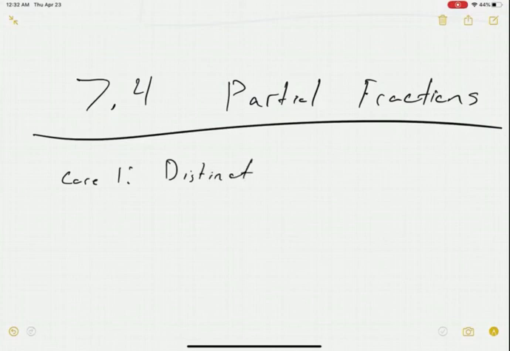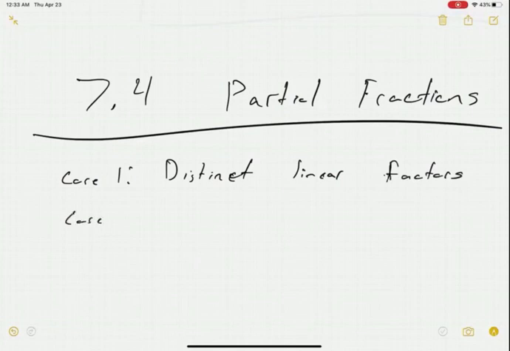I'm probably not even going to cover this section because there are really no tricks. I will say just a couple words, but I'm not going to work any problems. So case 1 is distinct linear factors, when we factor our denominator.